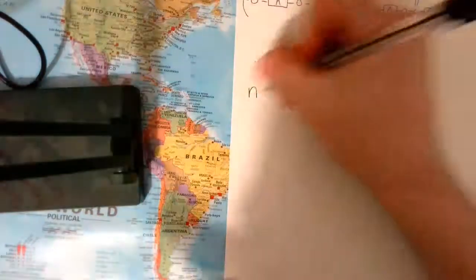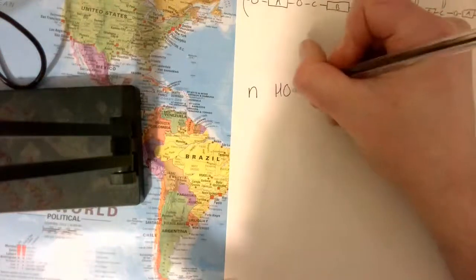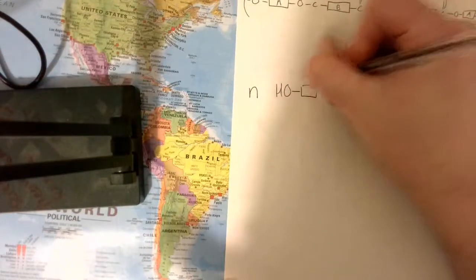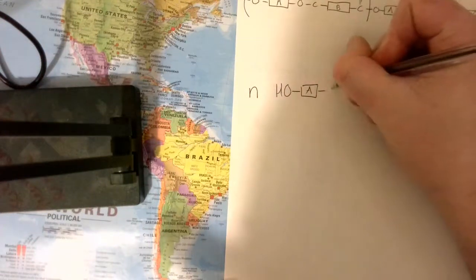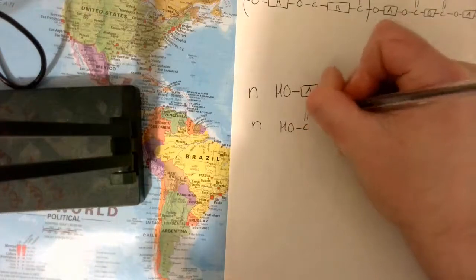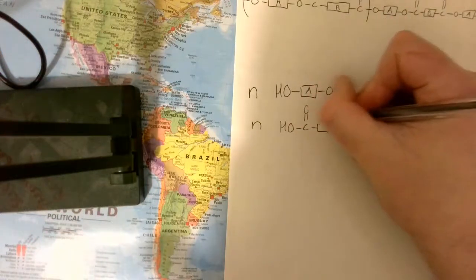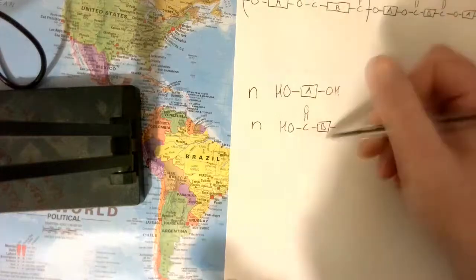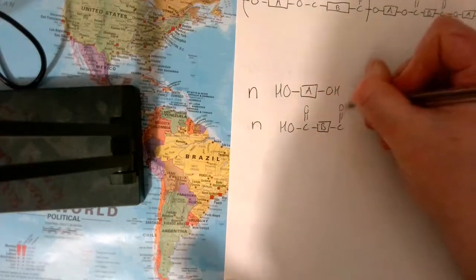So what it would look like in practice is that you've got N, like that, and N of the carboxylic acid one.